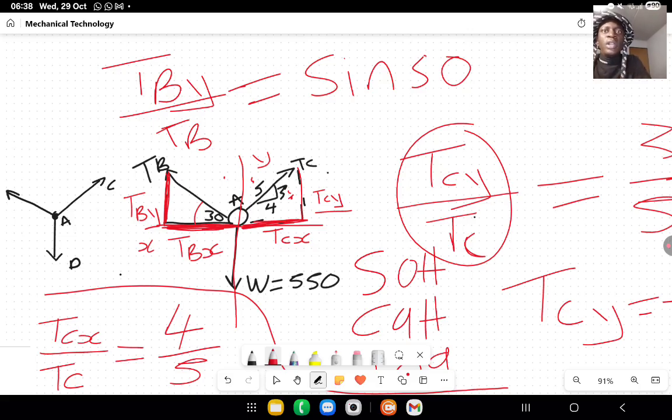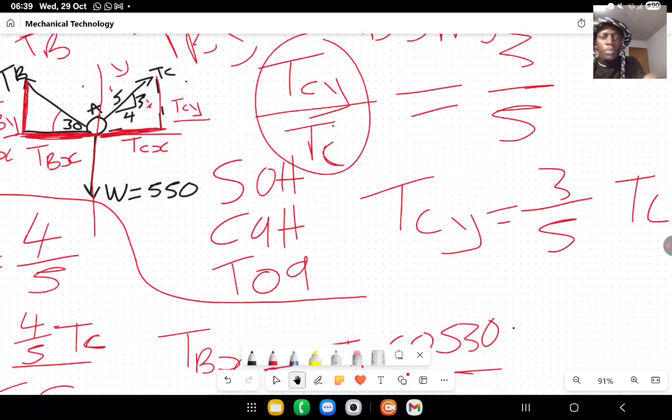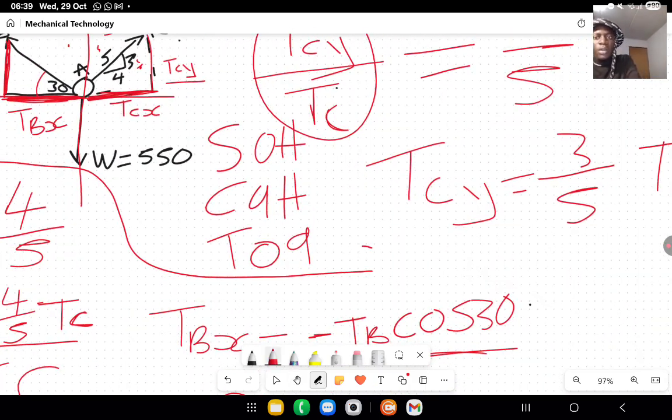Therefore, we do cross multiply. Our TBY is equal to TB sine 30. I hope all of us will understand. Okay, let us go back there and write it properly.